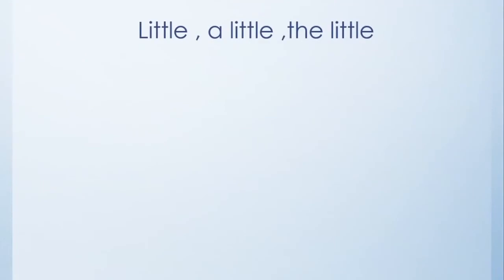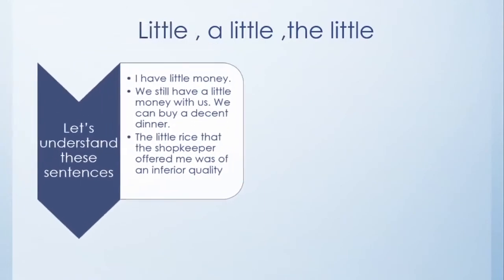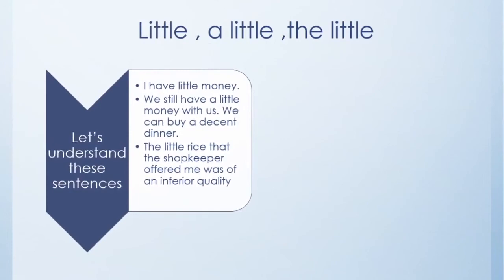Little, a little, the little denote quantity and are used before the uncountables. I have little money. Little conveys not much, hardly any. It is almost in the negative sense. We still have a little money with us.